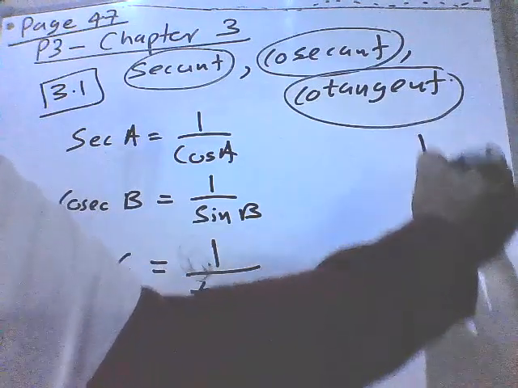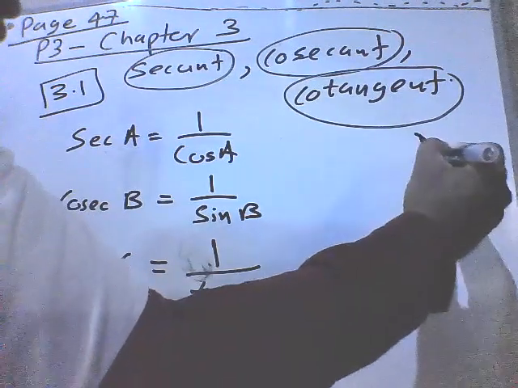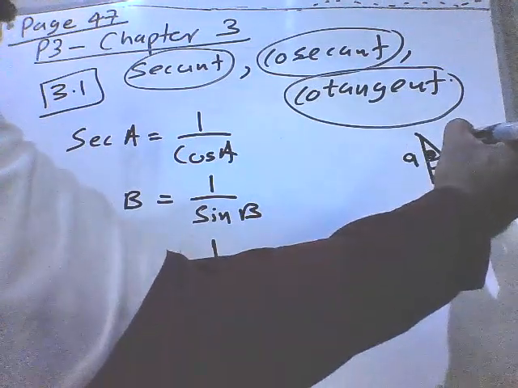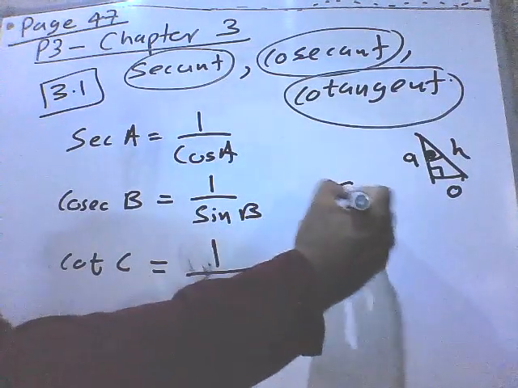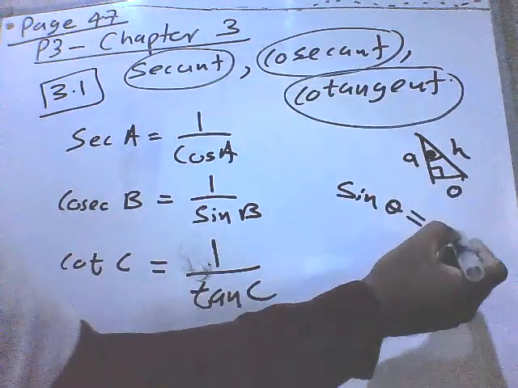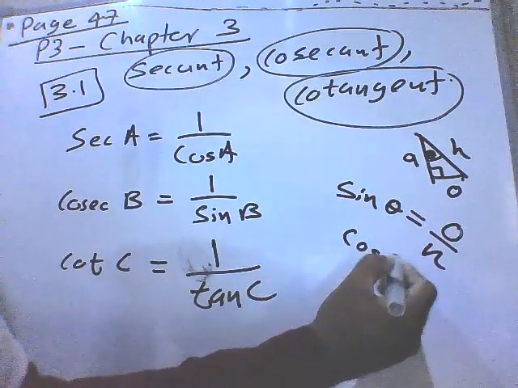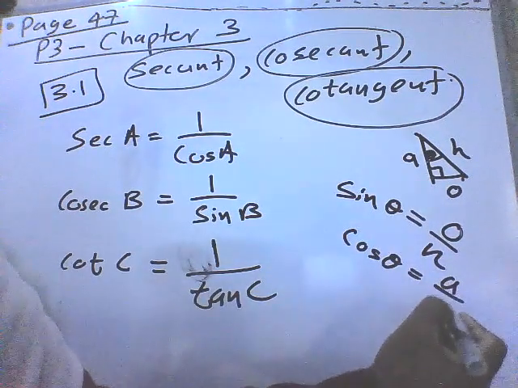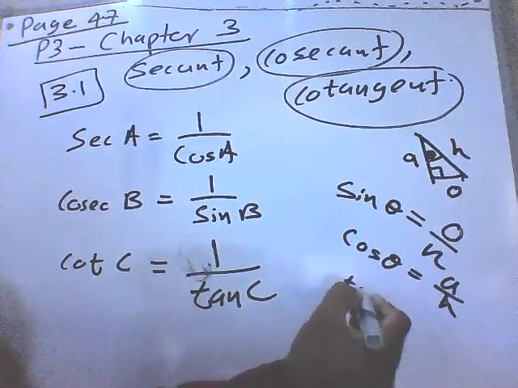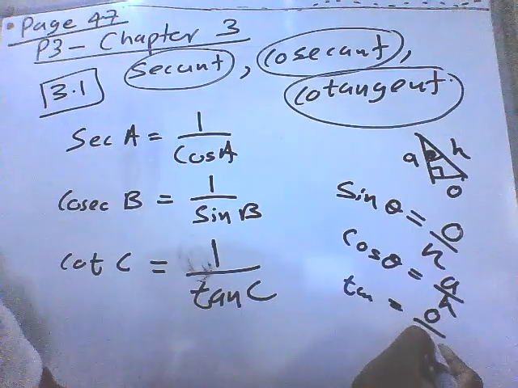If you take a right angle triangle, and say this is theta, this is the opposite, this is the adjacent, and this is the hypotenuse, then sin theta is equal to opposite over hypotenuse, cos theta is equal to adjacent over hypotenuse, and tan theta is equal to opposite over adjacent.